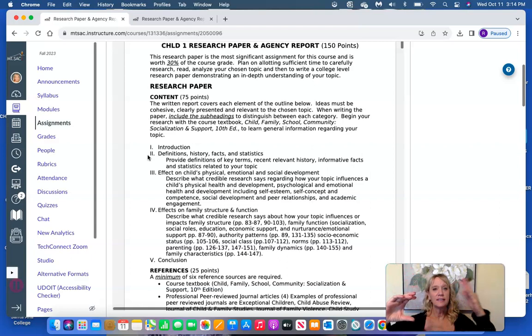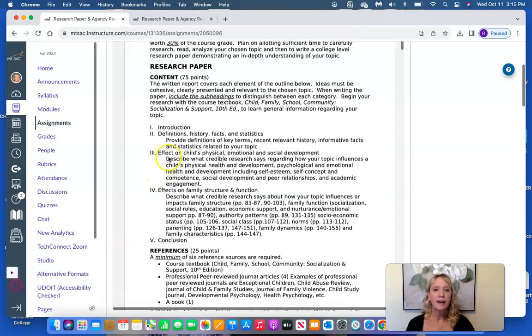Again, I have an example for you to look at on Module 8, okay? Look also at effects on children's physical, emotional, and social development. That's where the third piece is going to go. The fourth will be the effects on family, structure, and function.